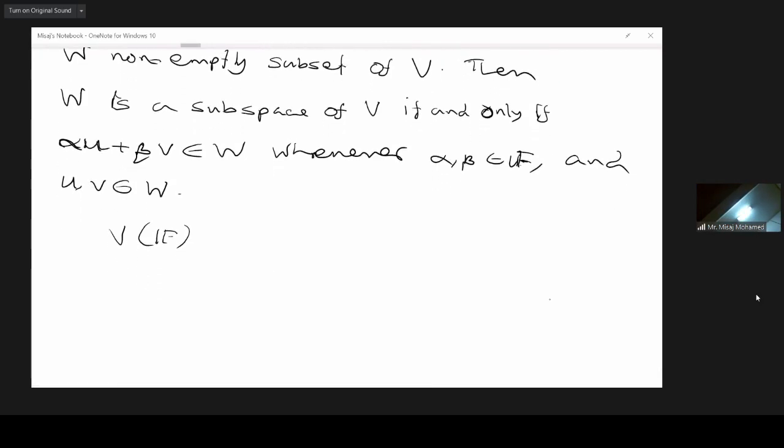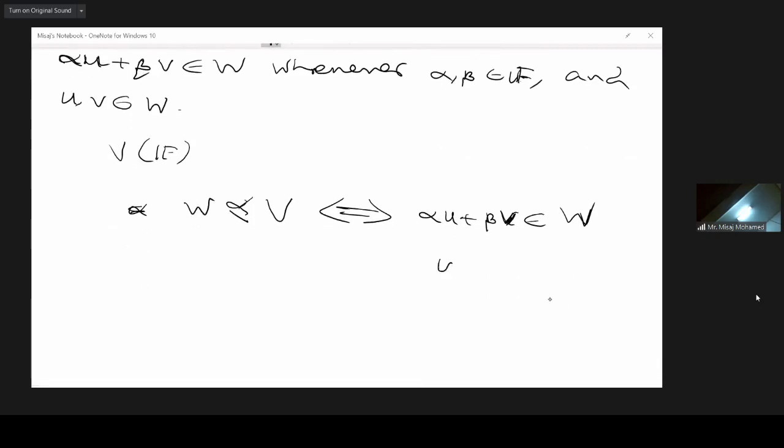So in here given that W is a subspace of V over the same field if and only if alpha u plus beta v is in W, where u, v are from W and alpha, beta is from F. So if W is a subspace, alpha u plus beta v combination is in W. Already u and v are elements of W.